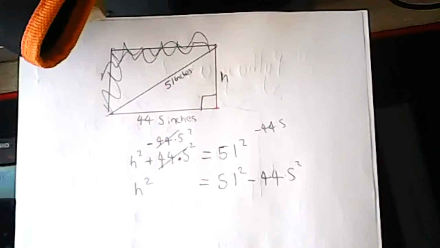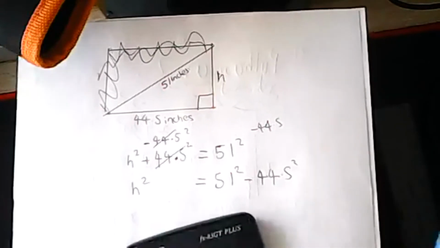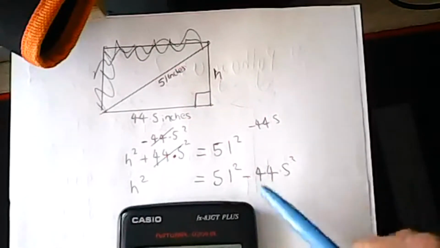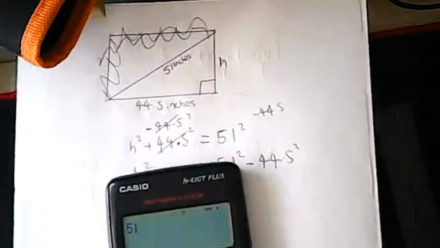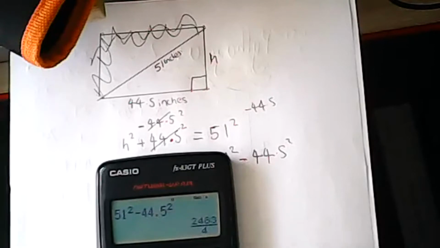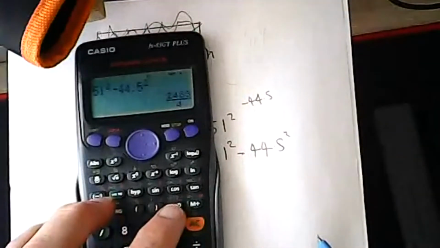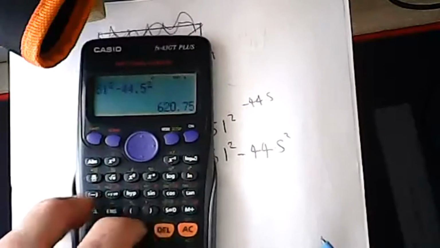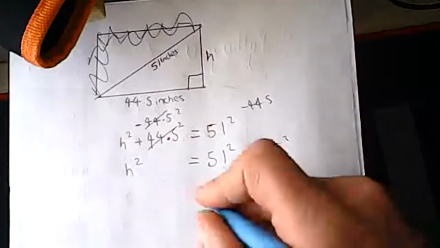These are quite complicated, there are decimals involved, so let's use a calculator. But you know what you're doing. You can put that all in one go: 51 squared take away 44.5 squared. Let the calculator do the work. Notice I've turned the fraction into a decimal, standard mode to decimal. 620.75.